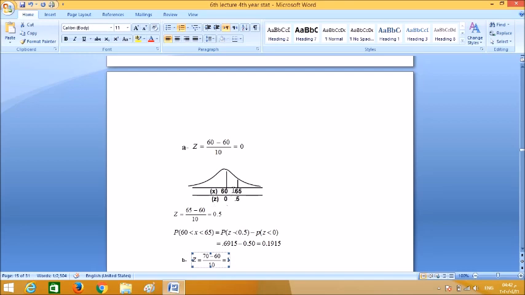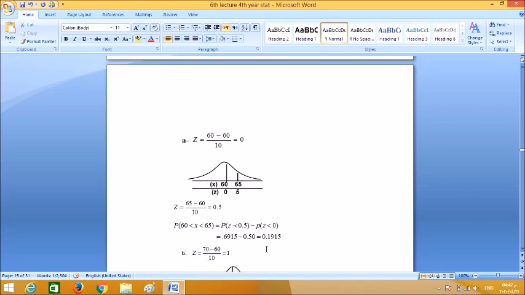Okay, this area minus this area. Okay, so the first area is 0.69, the second area equals 0.5, so the difference is 0.19.